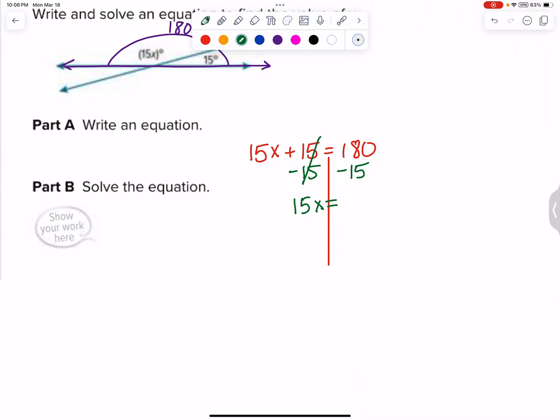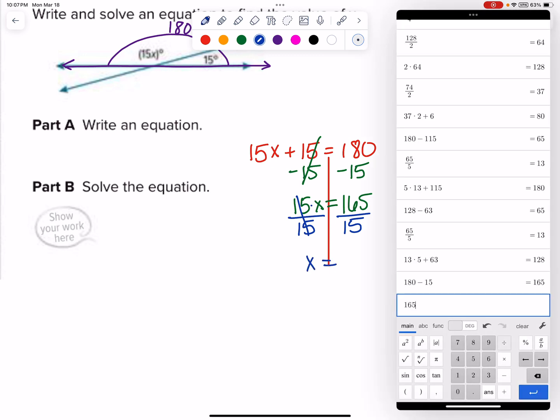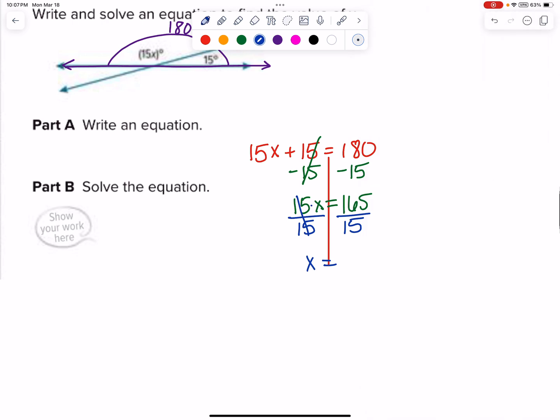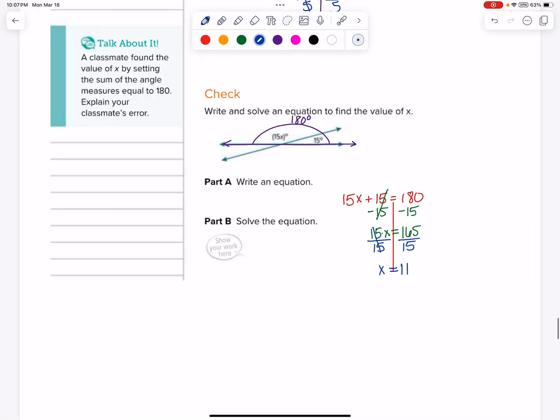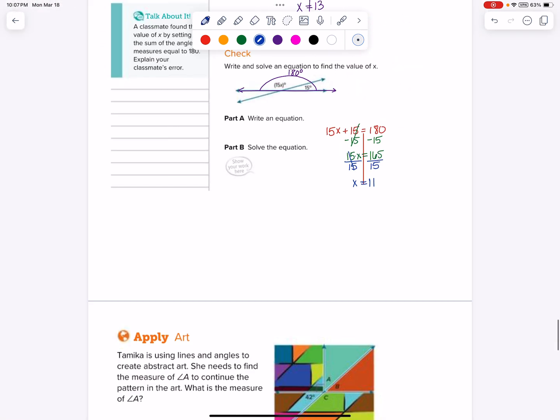Always double check anyway. And then go ahead and separate the 15 by dividing both sides by 15, and we end up with an x that equals 165 divided by 15 is 11. Okay, and there we go. So that's what x equals in that image.